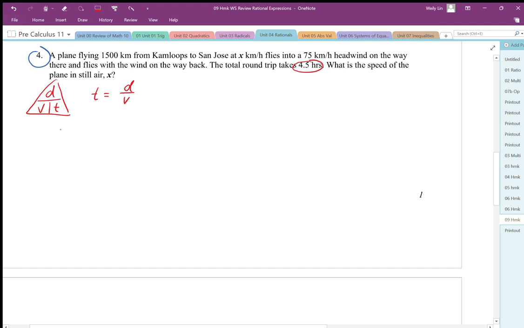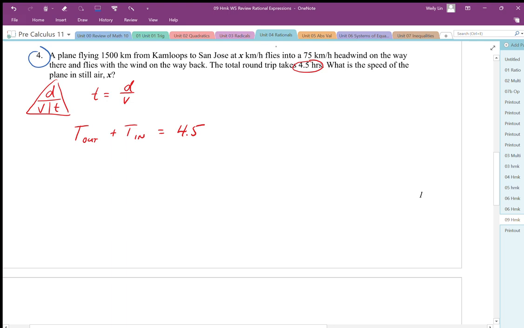So the time out plus the time back in is our total time, which is 4.5 hours. There's our equation.